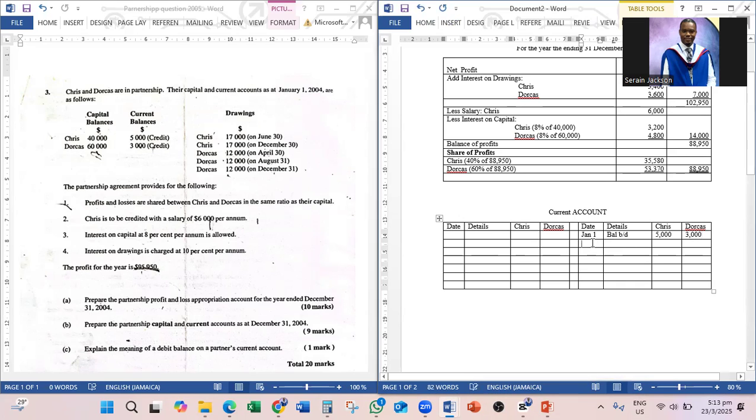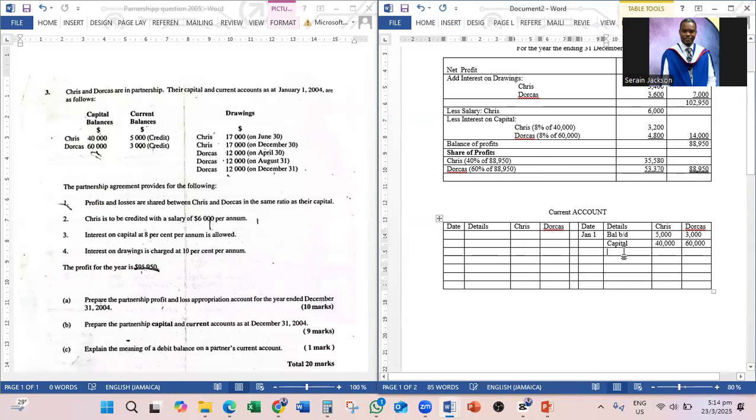Remember that the items on the credit side of the current account are items that increase your capital. So let's put in the capital figure. The capital figure for Chris is $40,000. The capital figure for Dorcas is $60,000.